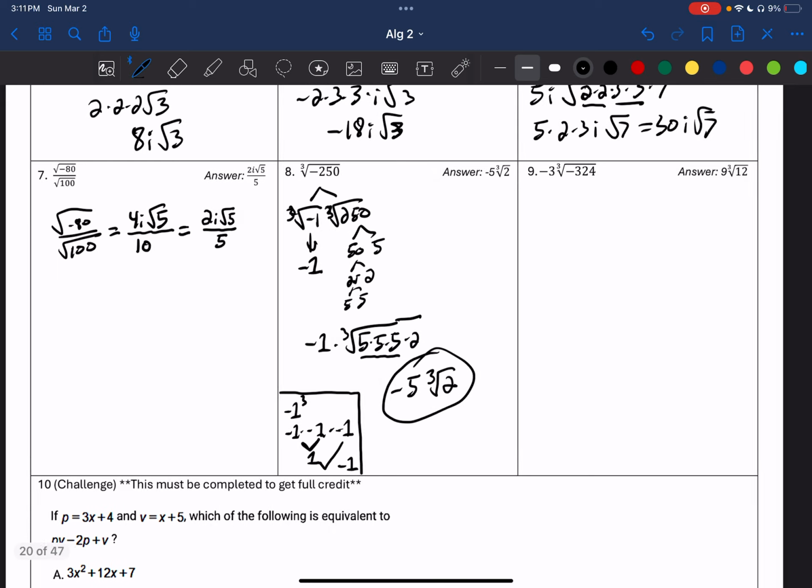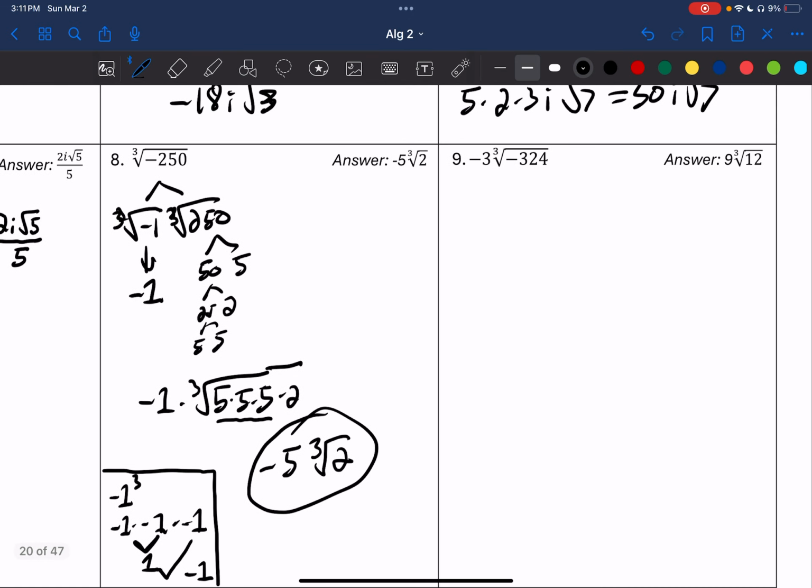Okay. Let's go over here, and we can do -3 times the cube root of -1 times the cube root of 324. We know we're going to leave the -3. Cube root of -1, that just becomes -1. And then we have to simplify 324.